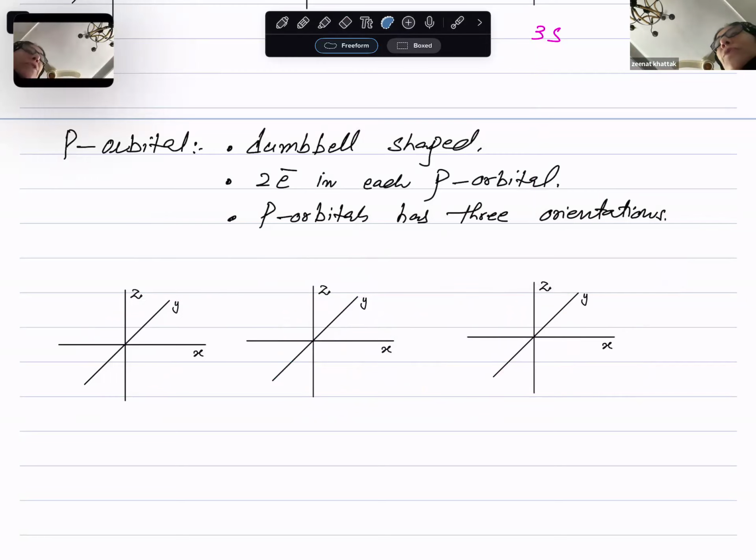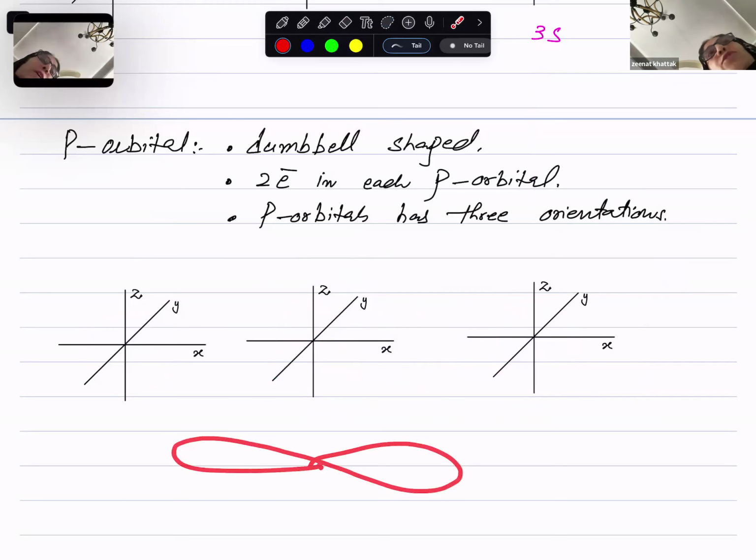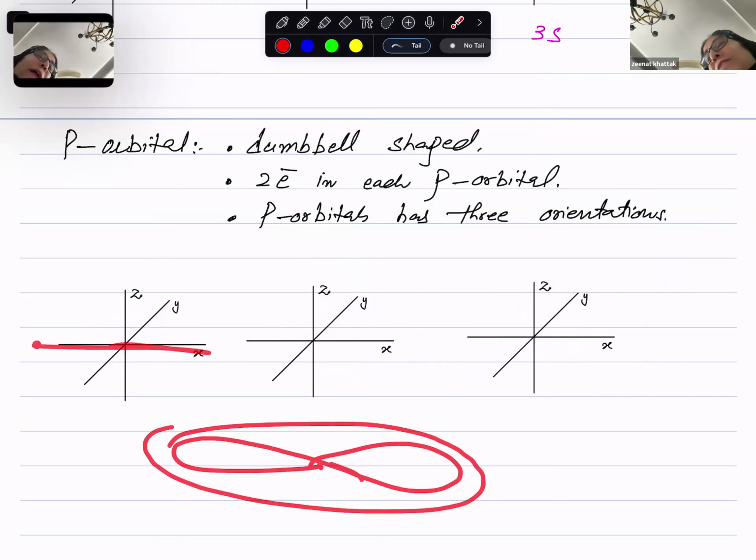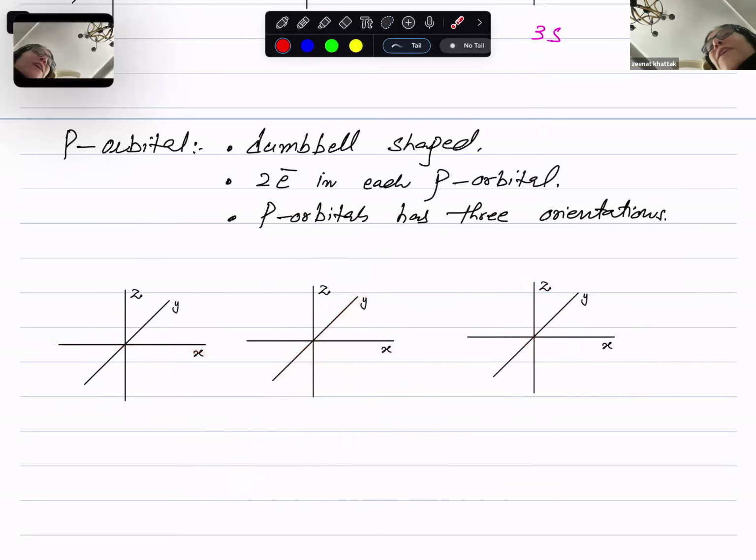So the p orbital is dumbbell-shaped like this. A dumbbell could be along the x-axis, along the y-axis, or along the z-axis, and each holds how many electrons? 2. If it is along the x-axis, it's called px.